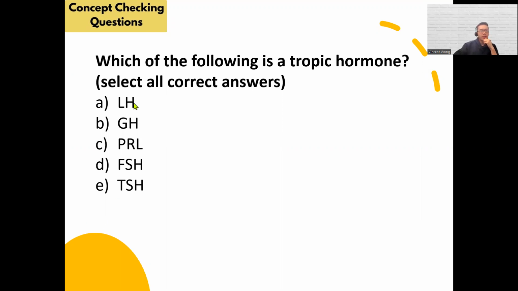Okay, so we have LH, FSH, and TSH. Those three are tropic hormones. The other two are not, because they don't target another endocrine gland. The mammary gland is not an endocrine gland, that's an exocrine gland. So the prolactin is non-tropic, and growth hormone targets bone and muscle, which also makes it non-tropic.